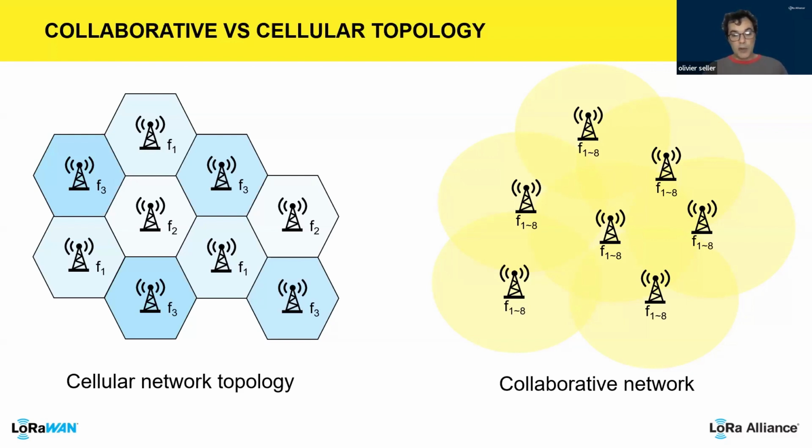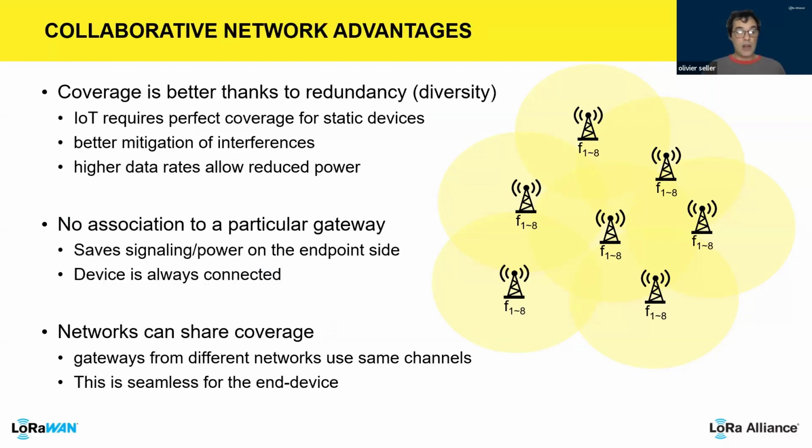In a collaborative network, it's almost the complete opposite when it comes to resource sharing, because every gateway is trying to receive packets on all available channels, on all channels defined in the network. So this has multiple advantages.